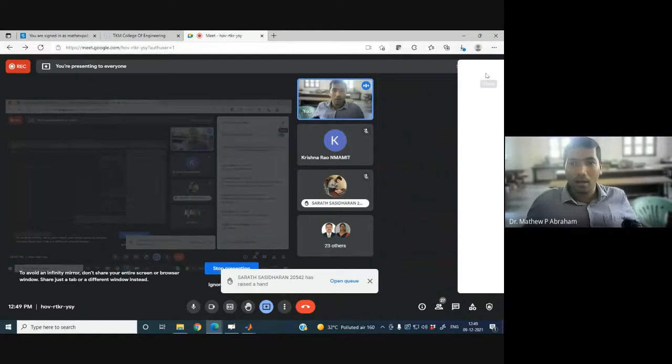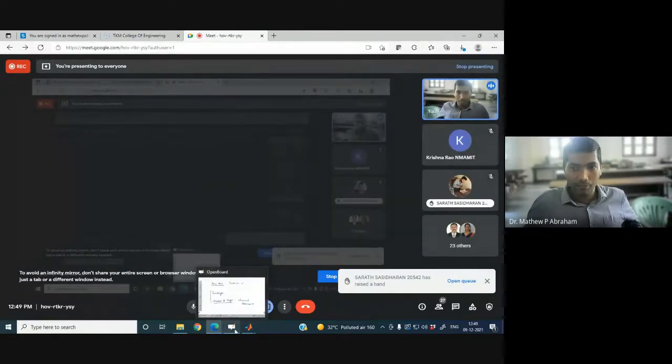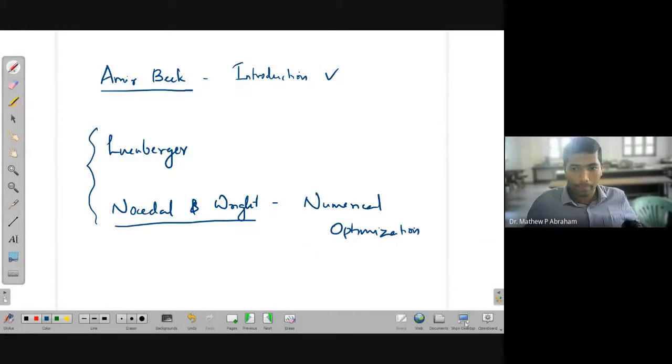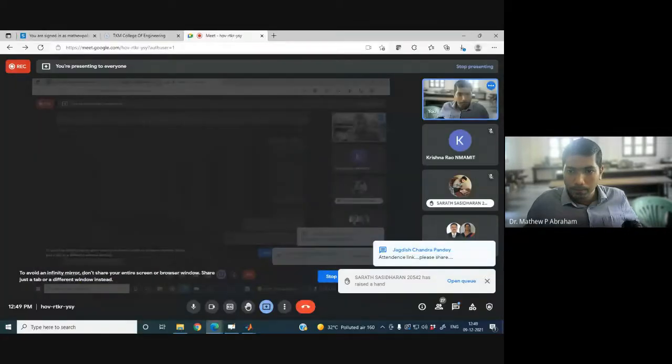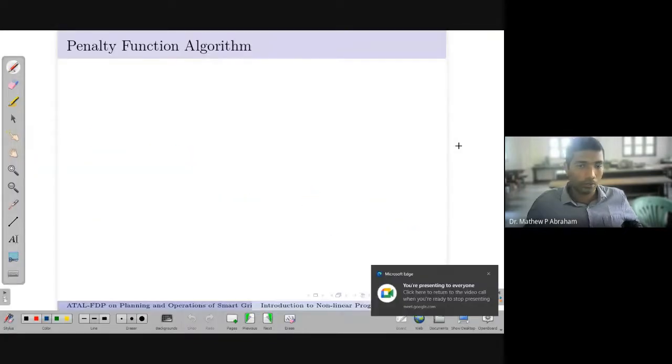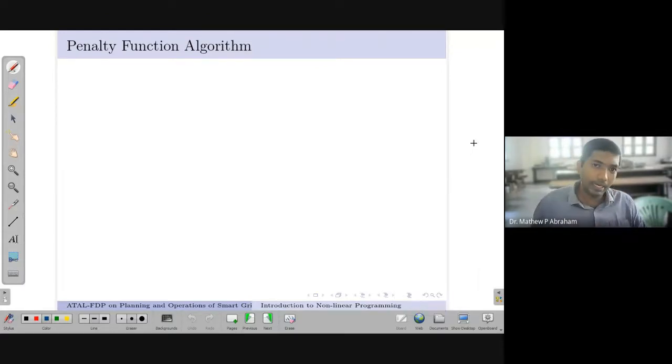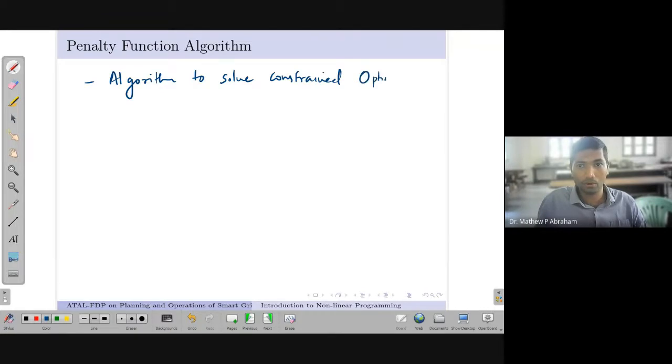Okay, so I'll quickly continue with the penalty function. What is happening with the penalty function method is that it is an algorithm to solve constrained optimization problems.